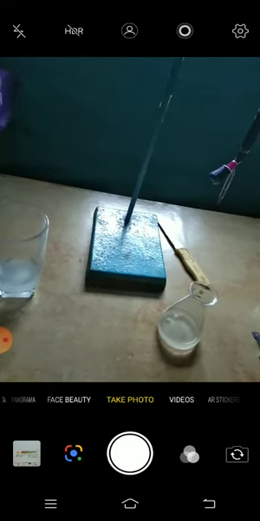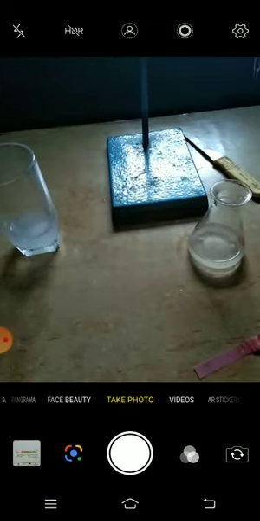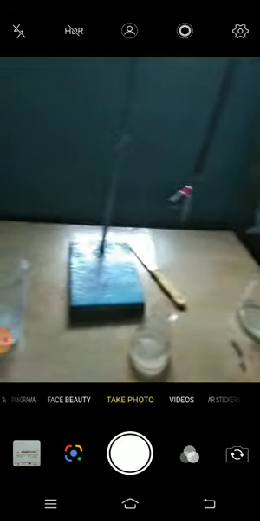Now I am taking another part of this pH paper and putting it into lemon juice. See here, its color changed into pink.